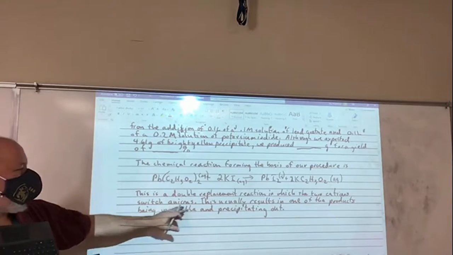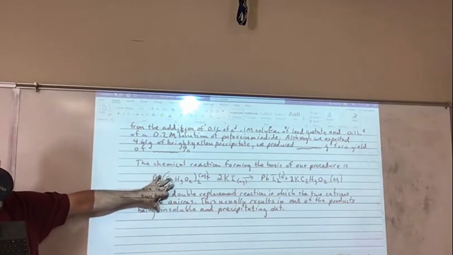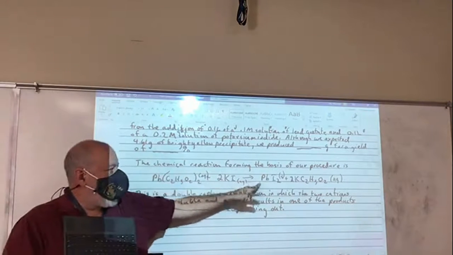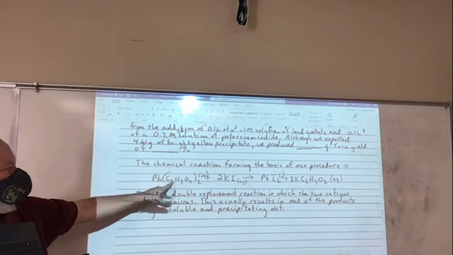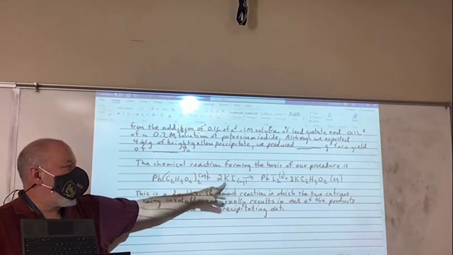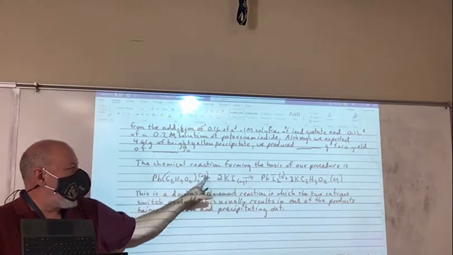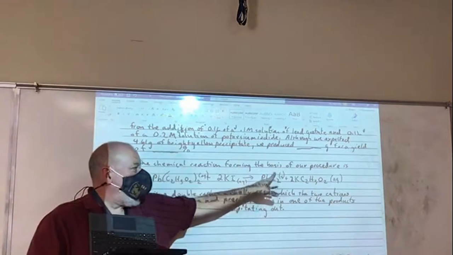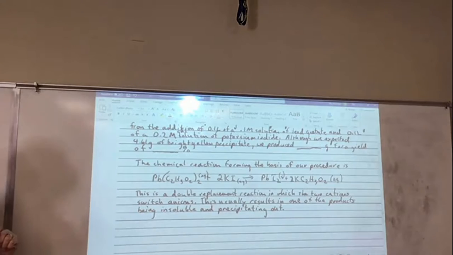Okay? This usually results in one of the products being insoluble and precipitating out. So I'm telling my audience, or whoever might read this, what the chemistry of this is. Why is this happening? In this type of a reaction, whenever I get two ionic substances that are dissolvable, and both of these are dissolvable because I've said they're both dissolvable, right? Anytime I add them together, I'm likely to get a new substance that precipitates out.